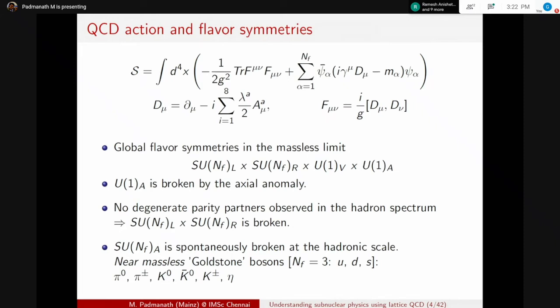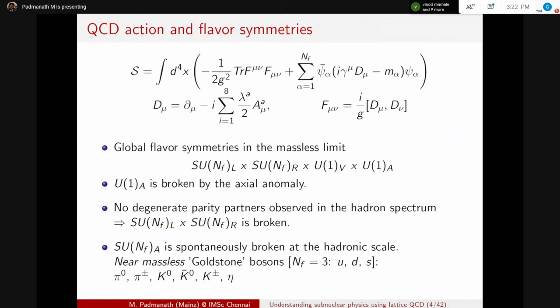For example, let me take the nucleon itself. At low energy, the nucleon parity partner is around 1500 MeV, 1.5 GeV, while the mass of the proton is 1 GeV. Now, if you go to high temperature, then one expects the symmetry is somehow getting restored, so you expect the splitting between the nucleon and its parity partner to decrease.